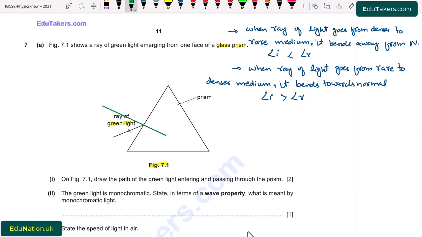So from here we can see that this ray comes from the denser medium and then enters into the rare medium. As the ray enters from denser to rare medium, there will be case 1, that it will bend away from normal. It means that if this is a normal, then the ray must be bent away from this normal.